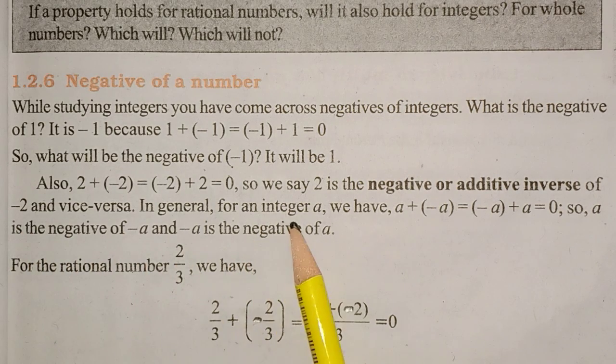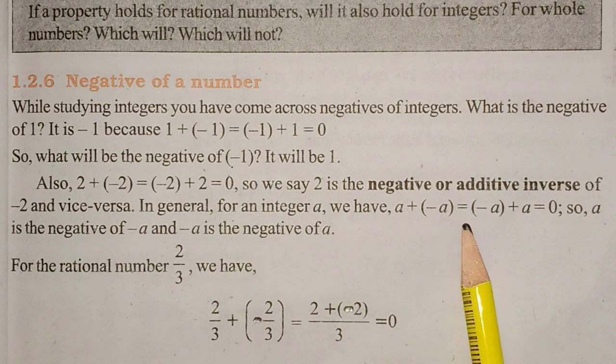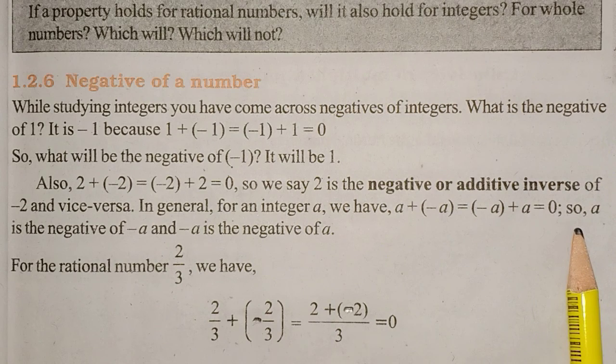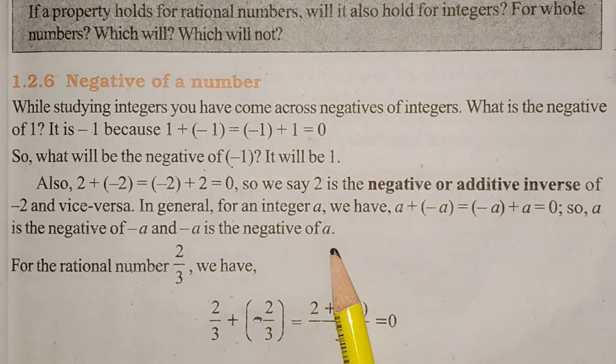In general, for an integer a, we have a plus minus a, or minus a plus a, which gives 0. So we conclude that a is the negative of minus a, and minus a is the negative of a. 5 is the negative of minus 5, and minus 5 is the negative of 5.